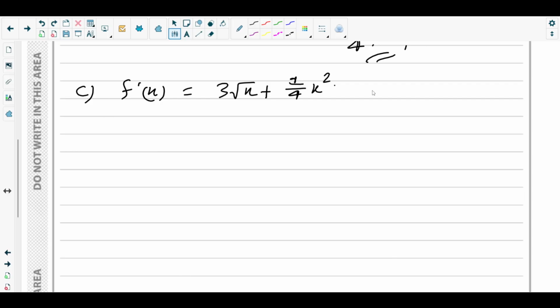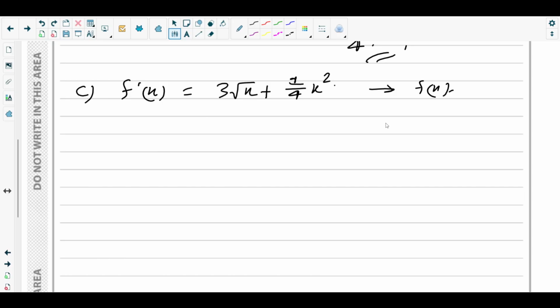Now from there we need to find out f of x, right? f dash x is the derivative. So we need to find out the original function from the derivative, and we know that if we differentiate the original function, that is f of x, we get the derivative.